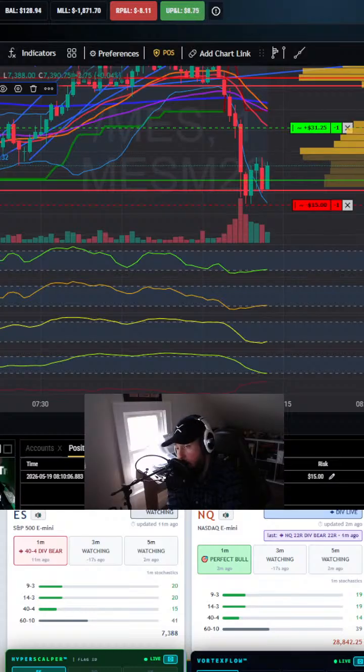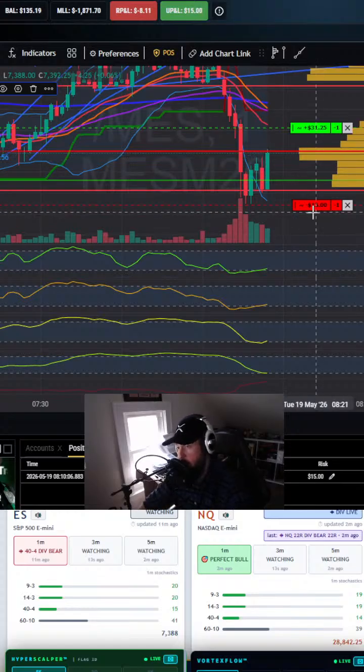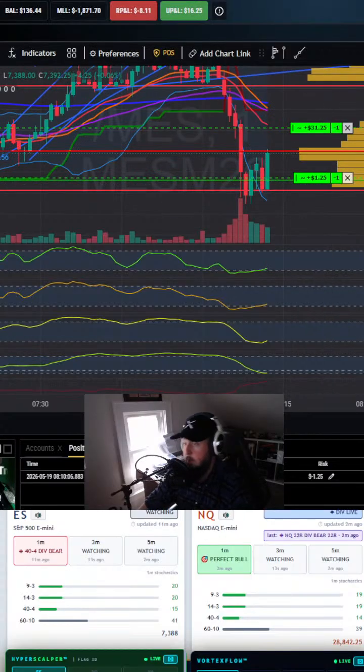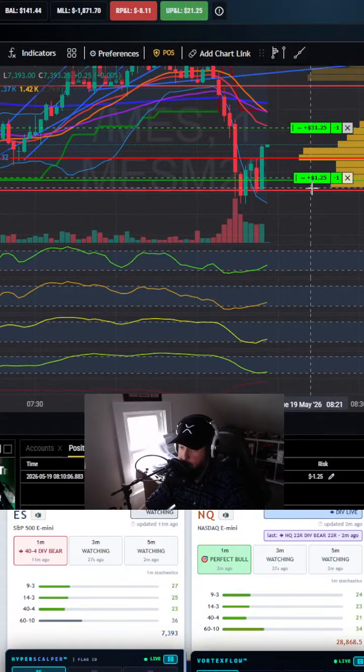And just being aware of the higher time frames. It's 12 minutes past. In 3 minutes, we're going to get a lot of volume. Okay, we crossed that volume line here. We touched it. So I'm moving us up to $1.25, which covers our trading fee to open and close the contract.